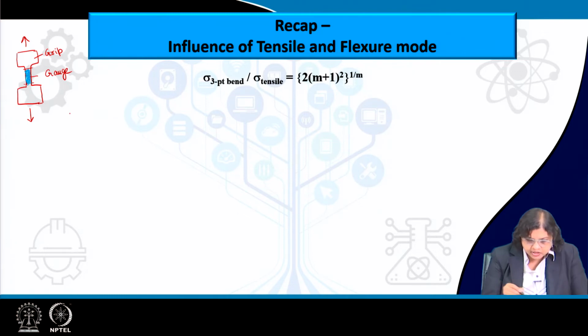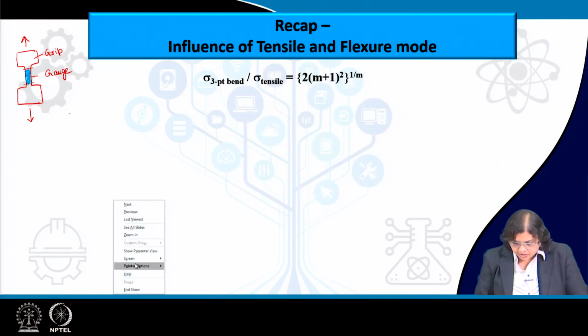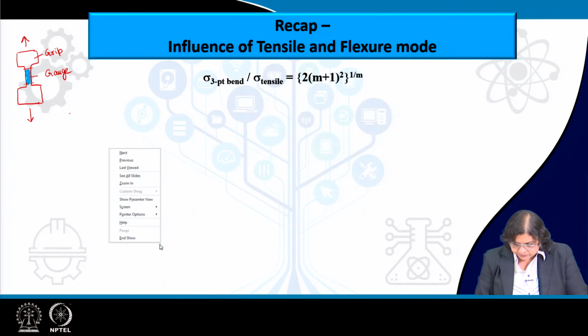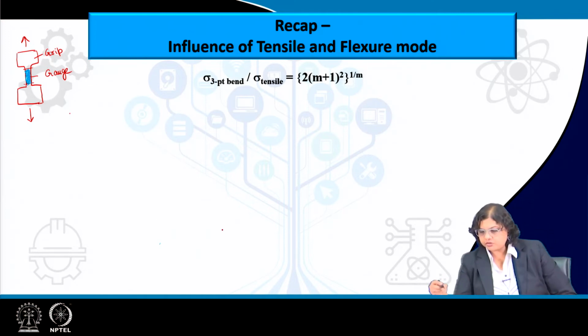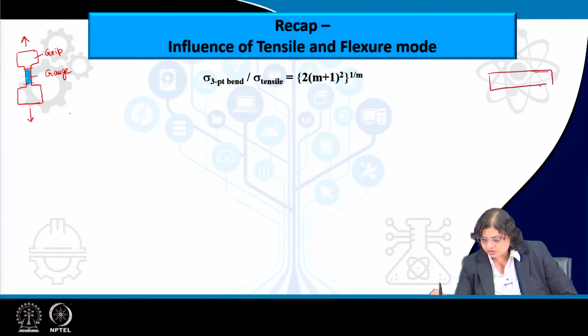On the other hand, if we are talking about the flexure mode, this is how it is. So, we have a specimen of similar magnitude as that of the tensile one.